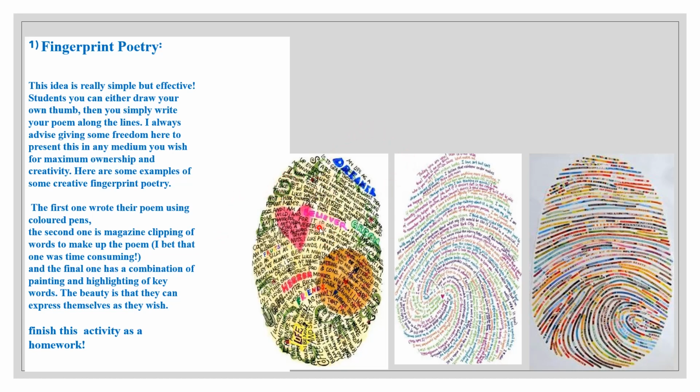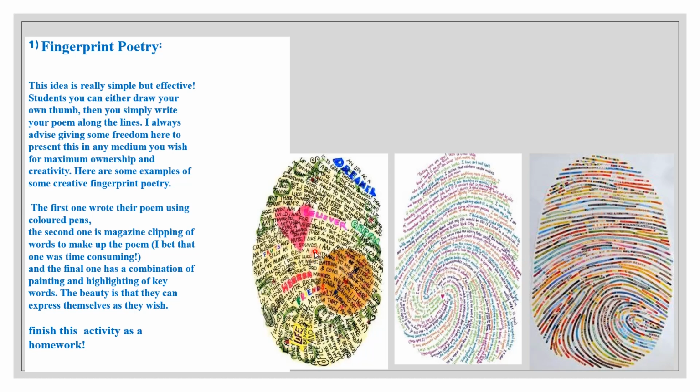And in the first picture, what is shown here? The use of color pens. Second, what is given here? It is magazine clippings. Means words cut out of magazines are pasted here, but it is time consuming. It will take more time to search the same words, same letters and paste them.